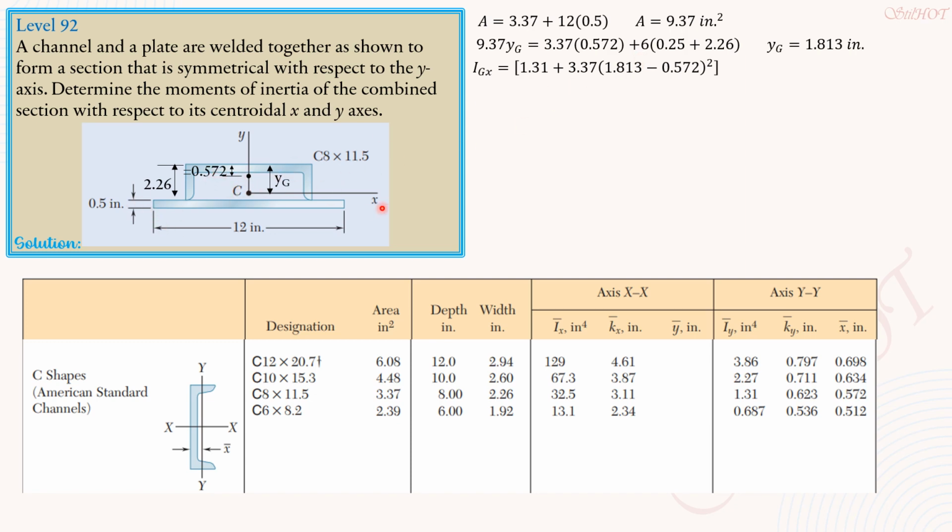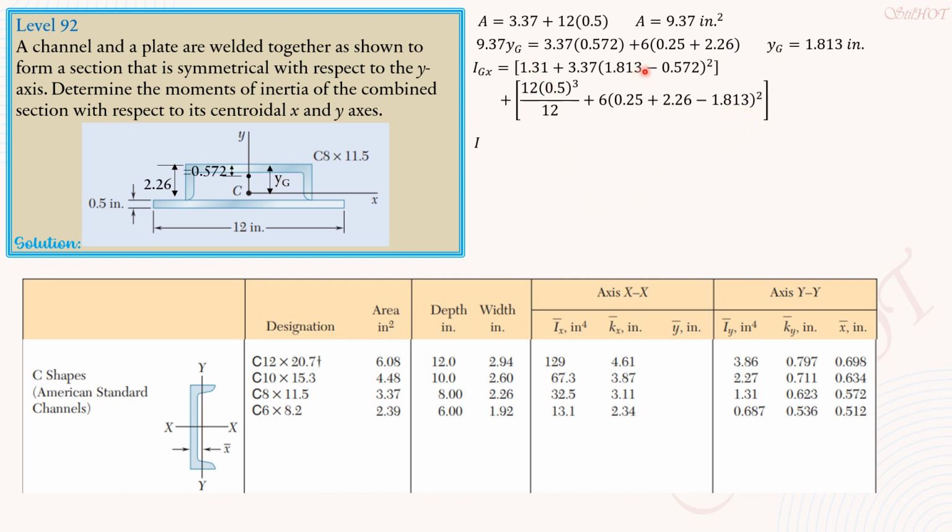Then for the plate, the moment of inertia is 12 times 0.5 cubed over 12, plus area 6 times the quantity 0.25 plus 2.26 minus Yg, 1.813, squared.